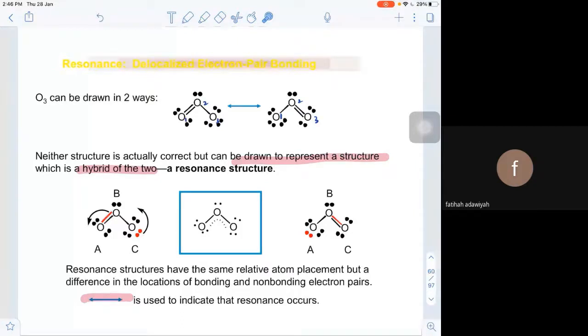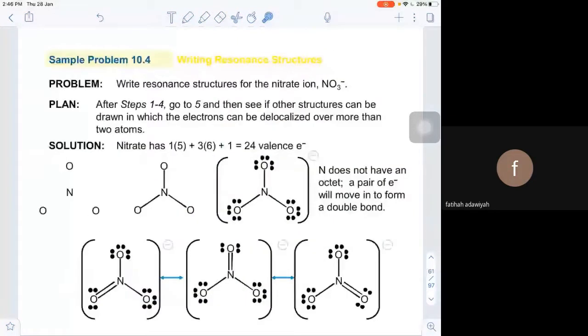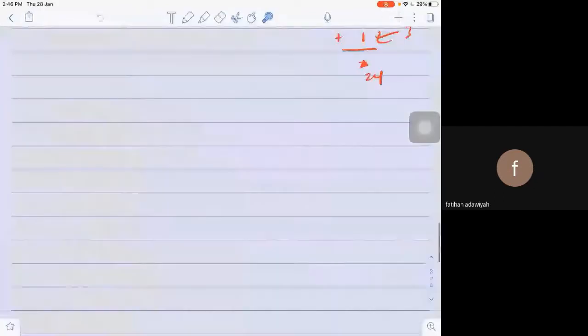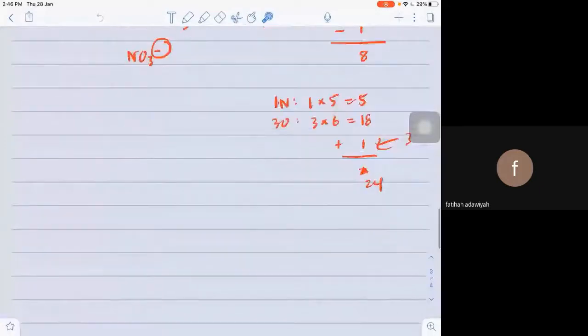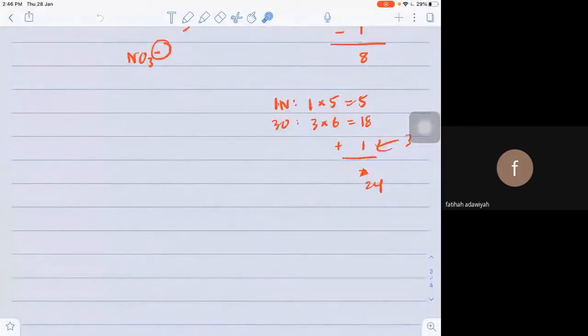Another example of a molecule that has resonance structures is the nitrate ion. Let's try to draw the structure of the nitrate ion. This is the nitrate formula, NO3 minus.